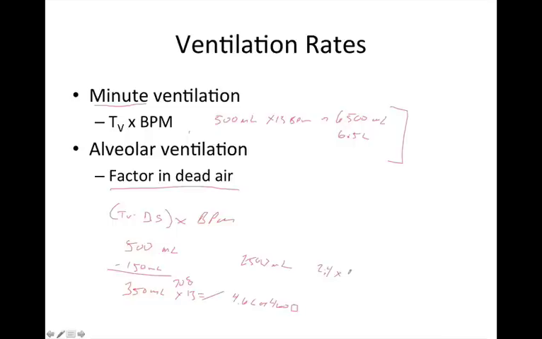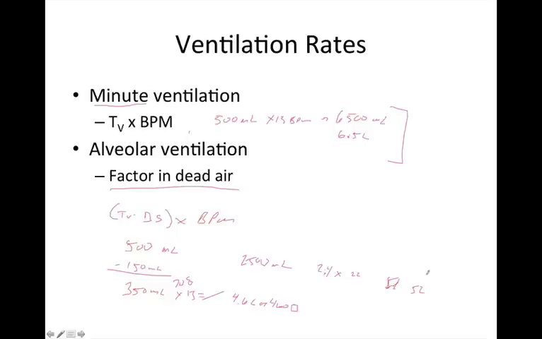Multiply that by, let's say a person's taking 22 breaths per minute. Basically now, that's essentially 52 liters of air per minute undergoing gas exchange. That's a buttload of air, but you get the picture.